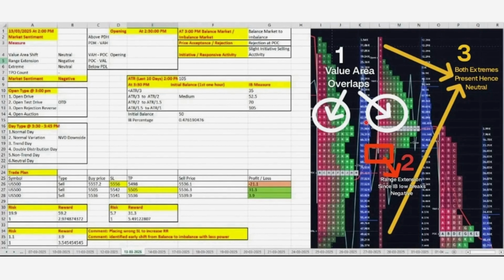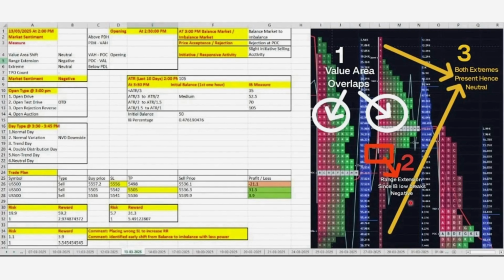However, the range extension shows that the initial balance low was broken on the downside. The initial balance is nothing but the first 1 hour range, that white line, A and B period. The IB high has not been broken and has been protected for the whole day. But if you look at the IB low, which I marked as number 2, it has broken on the downside, indicating a negative sentiment.